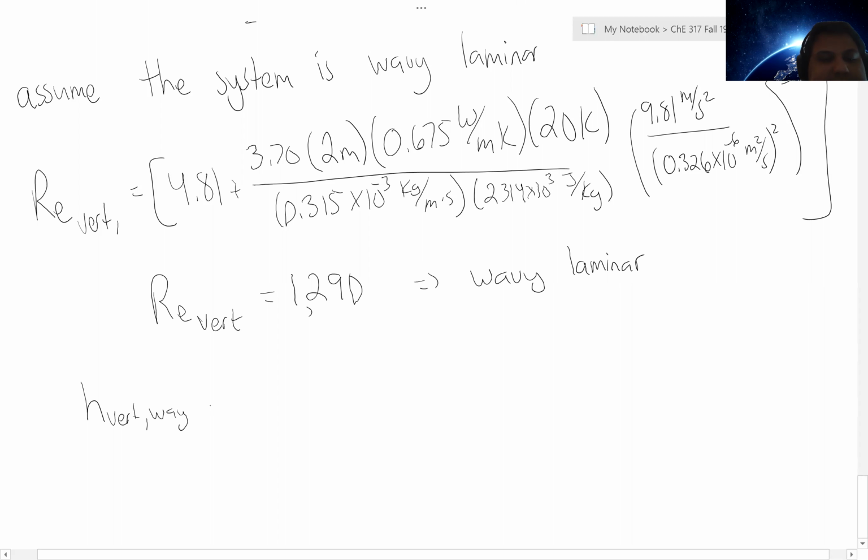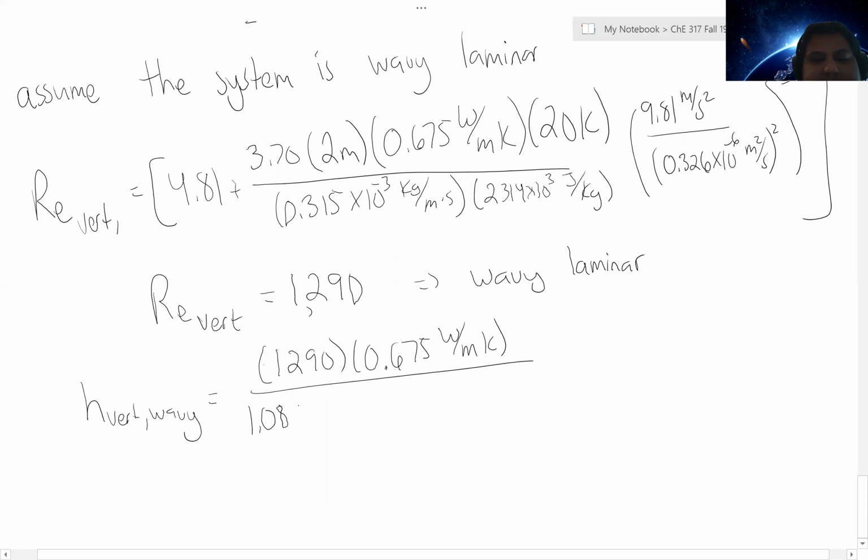using our wavy equation as the Reynolds number, or 1,290, times the thermal conductivity, 0.675 watts per meter Kelvin, divided by 1.08 times our Reynolds, 1290 to the negative 0.5, minus 5.2 times our gravity term, 9.81 meters per second squared, divided by the kinematic viscosity squared, all to the 1/3 power.